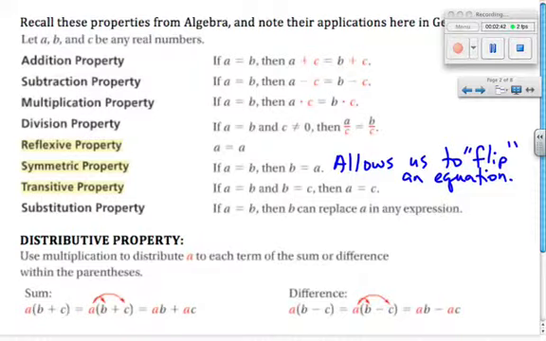The substitution property is a lot more cut and dry than the transitive property. Substitution property tells me, for example, if A equals 3, I can take 3 and substitute it in the place of A anywhere I want.